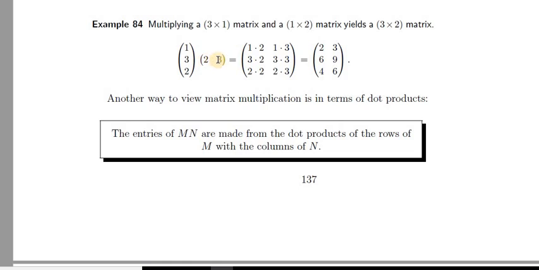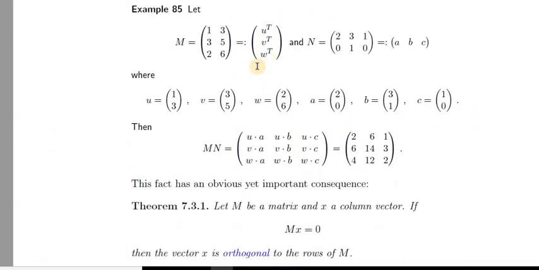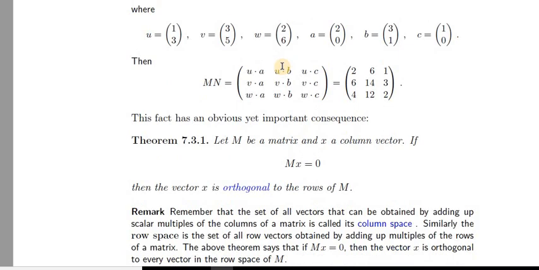For instance, if I wrote 2, 3 times 1, 3, 2, if I took the vector 2, 3 first, multiplied by the matrix 1, 3, 2, that's not defined because the number of columns of 2, 3 is not equal to the number of rows of 1, 3, 2. So if I reverse the order of these two matrices, the multiplication is incompatible. But in this case, the multiplication is compatible because the 1 here matches the 1 here. Okay, so there's some more examples here.